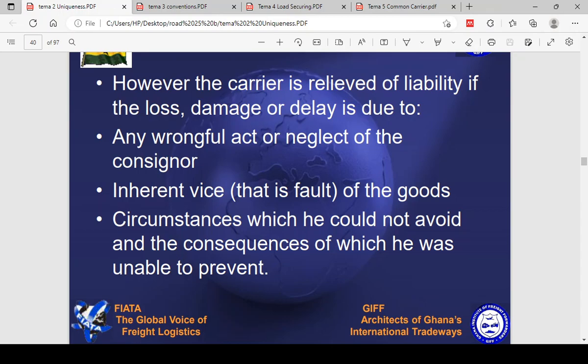Also circumstances which he cannot avoid, and the consequences of which he is unable to prevent. For instance, the thing has got damaged already before you bring it, or force majeure, or something occurred, and he did everything to make sure that he saved the species, and it didn't work. What do you expect? He can be absolved of any blame.